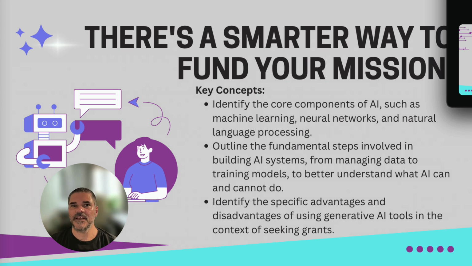And the key concepts that we'll be going through are identifying the core components of AI, like machine learning, neural networks, and natural language processing. We will outline the fundamental steps involved in building AI systems, from managing your data to training models to better understanding what AI can and cannot do. And we'll identify the specific advantages and disadvantages of using generative AI tools in the context of seeking grants.